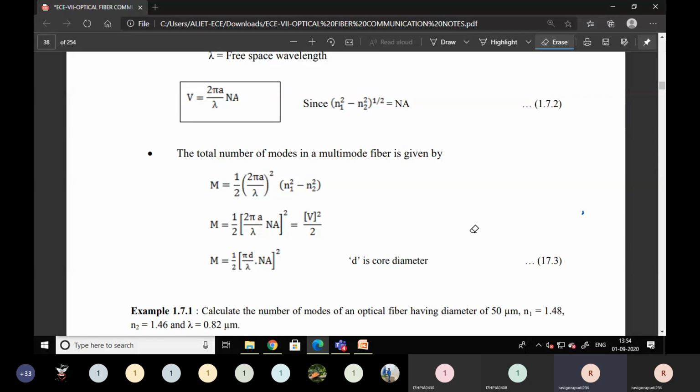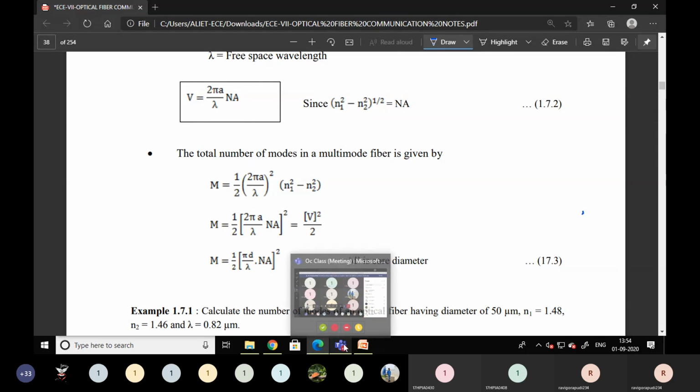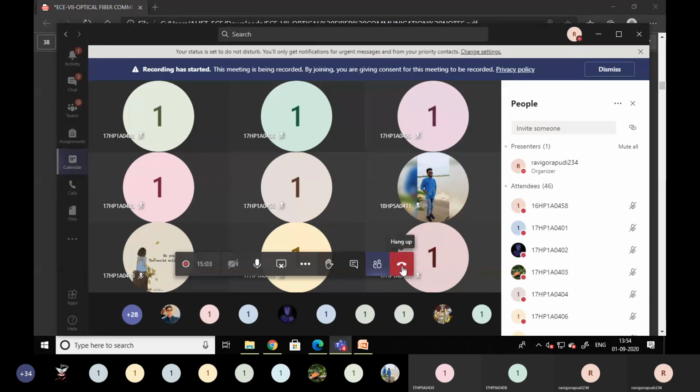Is it clear, all of you? Note down this problem first of all.